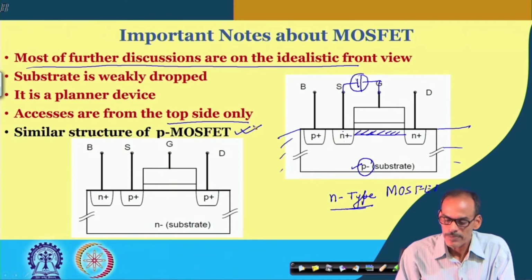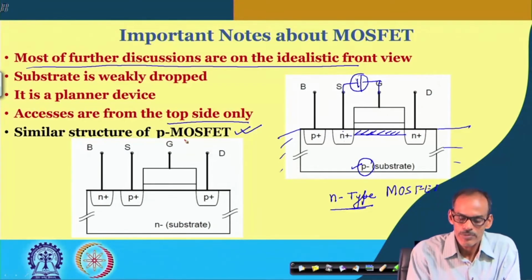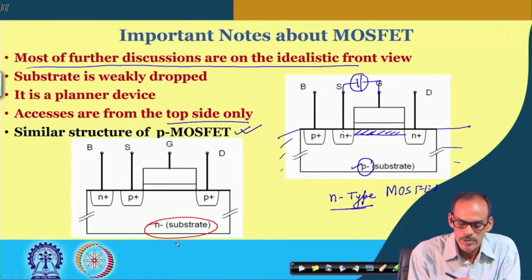So, if you see here the basic difference in this case for p MOSFET, its body, I should say body instead of substrate, we may prefer to say body.